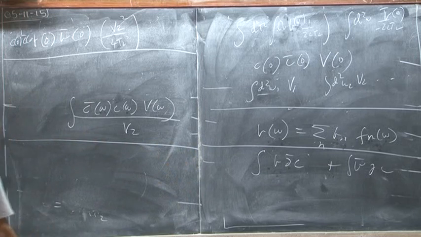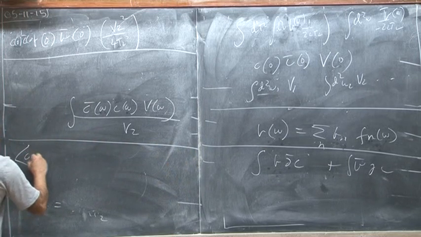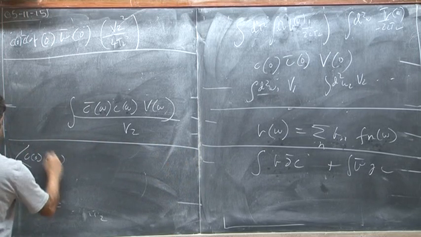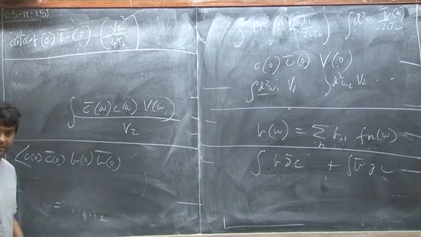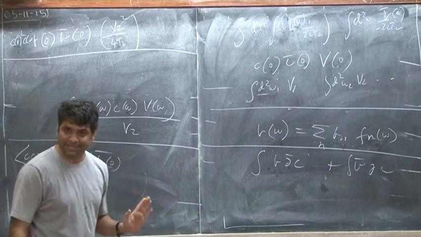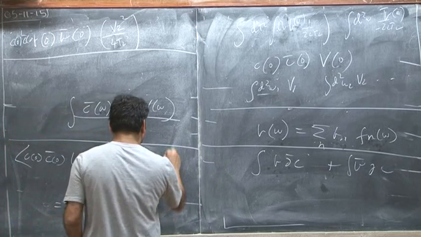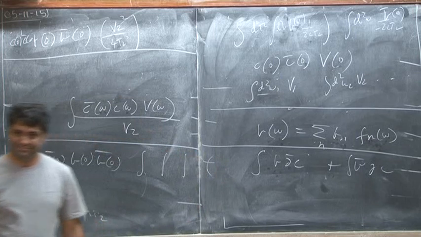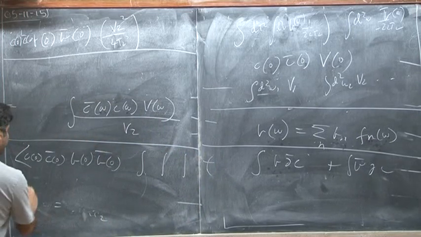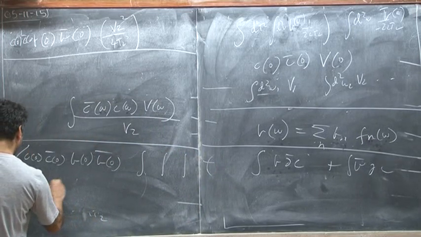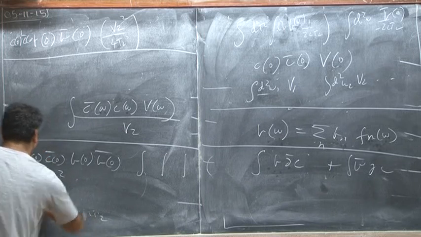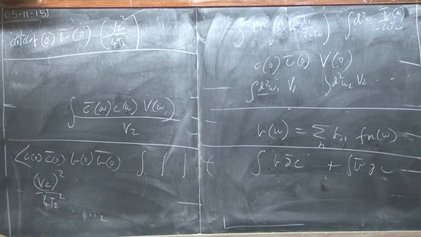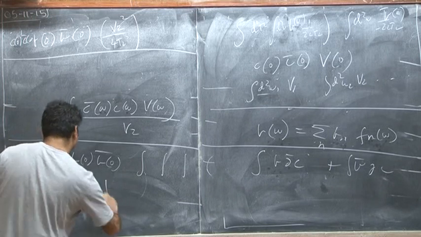The final formula is C0, C0 bar, V of 0, B0 bar, all vertex operators integrated, times factor V2 squared by 4 tau 2 squared times 1 over V2.